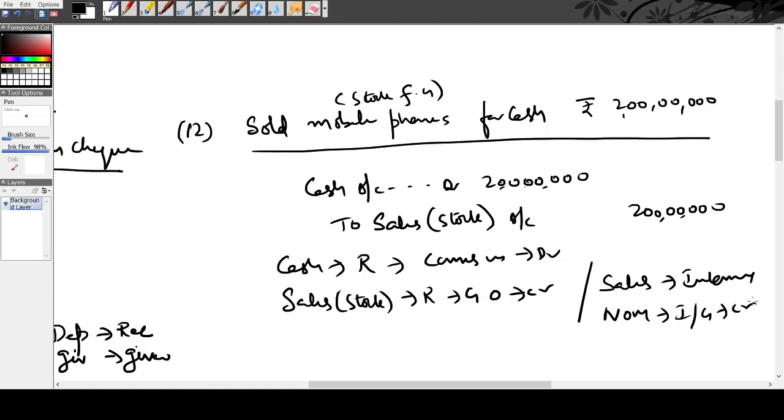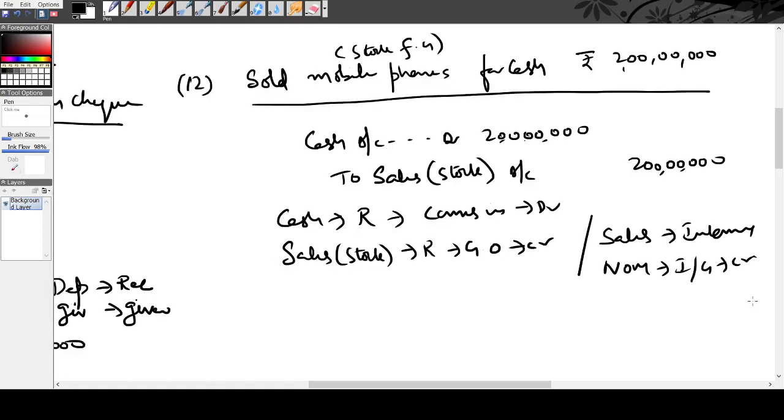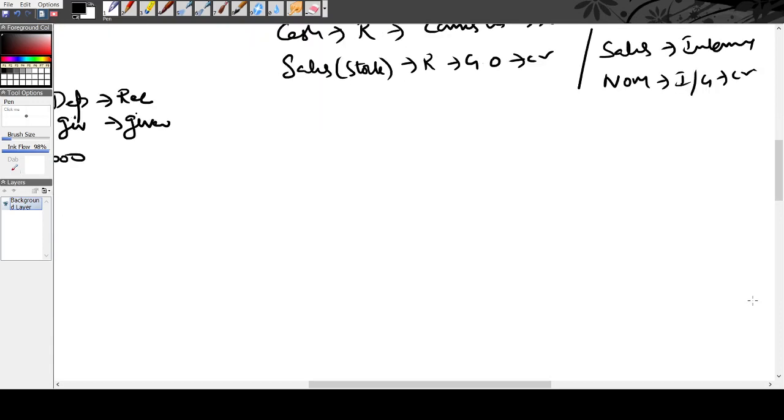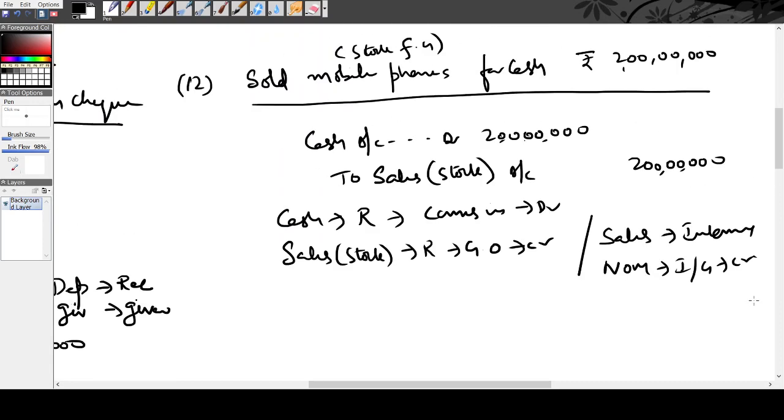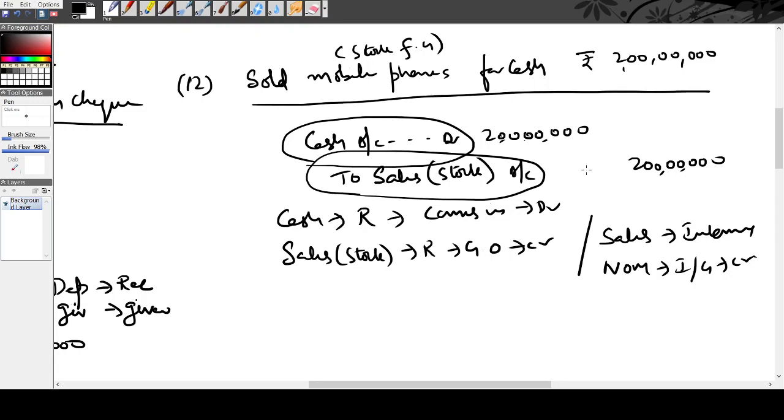Both the logic will give you the same entry. So what we can understand here, that we are receiving an asset called as cash, and in return an asset is going out, or we can say cash is coming in for an income called as sales. These are my personal views. Please follow what your teachers are teaching in the classroom for your examination purposes.